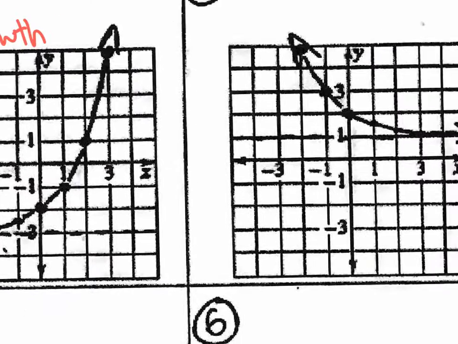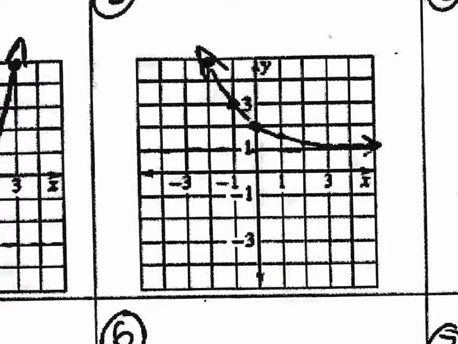Let's take a look at this one right here. Is that growing from left to right? Look, right here you're at the level 4 on Y, actually 5. And then it decreases as you go from left to right to 3. And then it decreases to 2. And then to 1.5. Then to 1.25. And then it keeps decreasing, and it decays down to the value of 1.